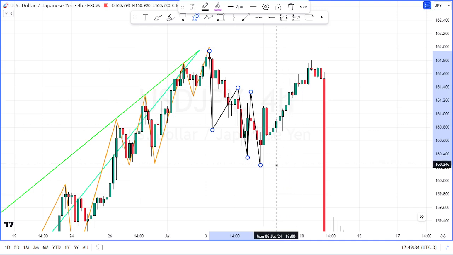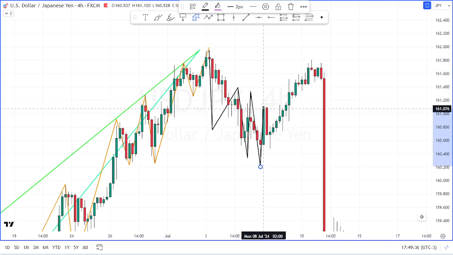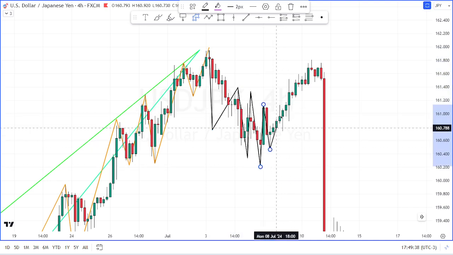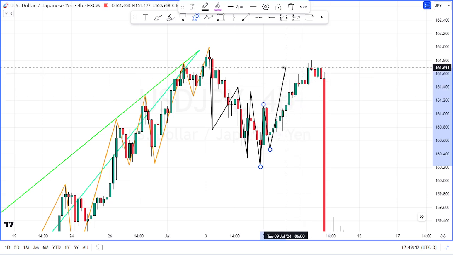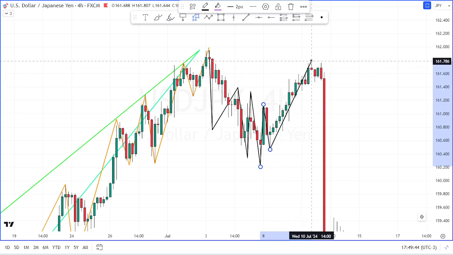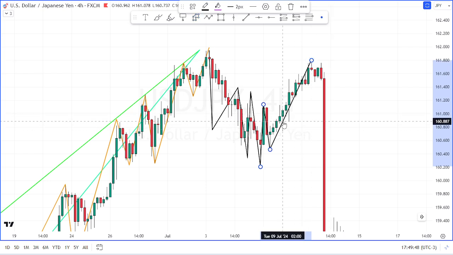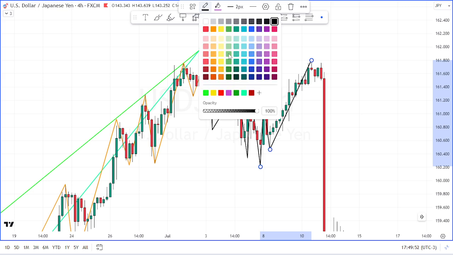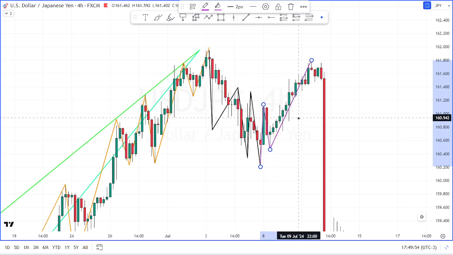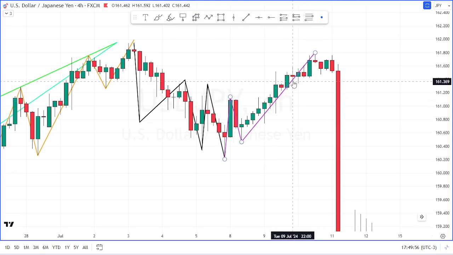All right, and it made a higher high, it made a higher low, then it made a higher high here. Let's see, it made this higher high. Yeah, so you can say, oh, we are no longer in a downtrend anymore because the market made a higher high right here.